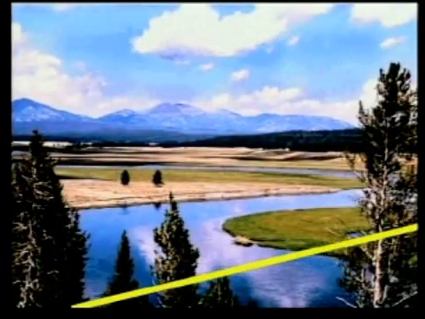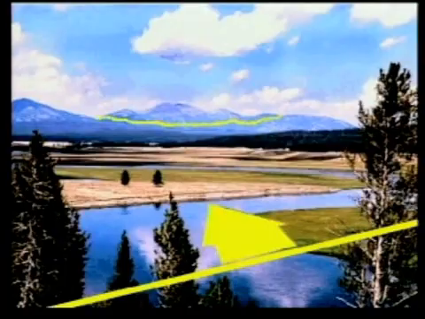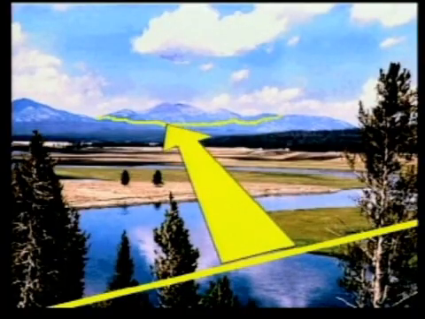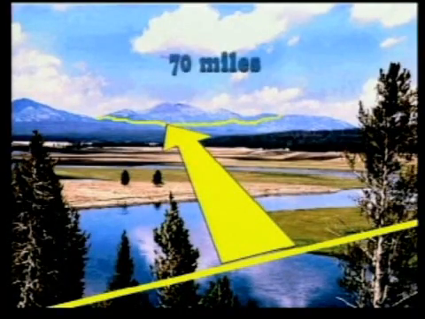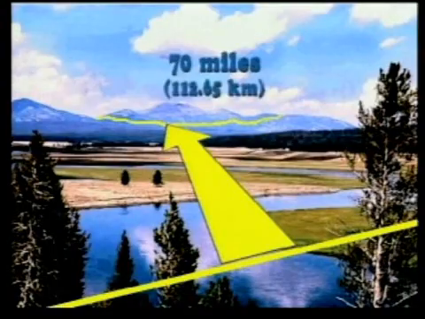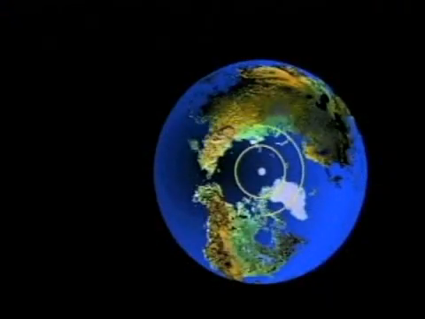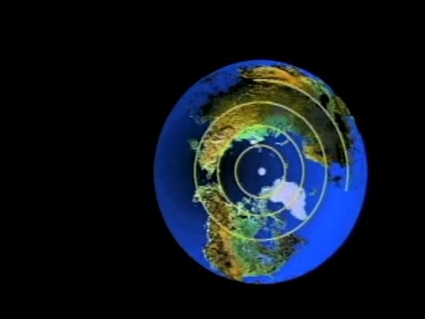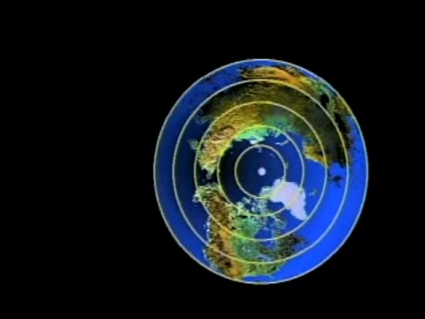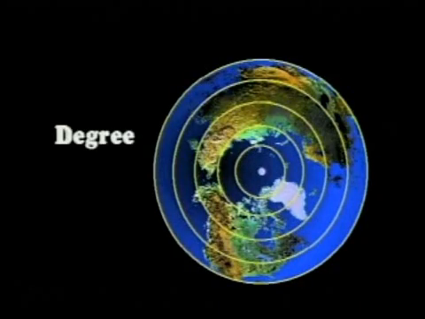In the real world, these imaginary lines are always the same distance from one another, about 70 miles, or roughly 113 kilometers. If you look down from the North Pole, you can see that parallels of latitude form circles, which are measured with a unit called the degree.